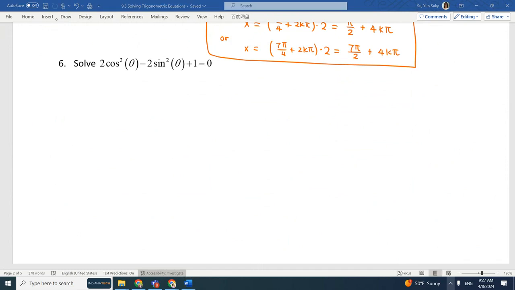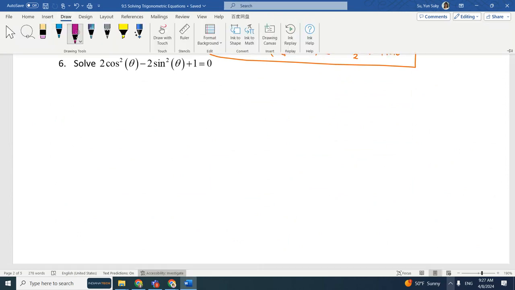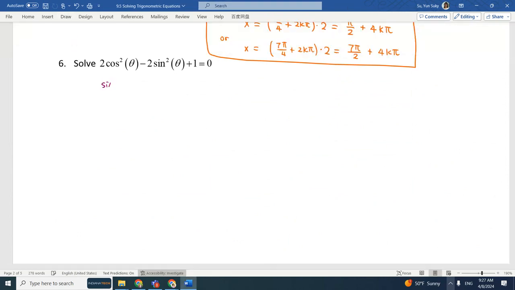Okay, so we know that sine squared plus cosine squared is 1. And you want to express cosine squared in terms of sine squared. What is the right-hand side? What's cosine squared?